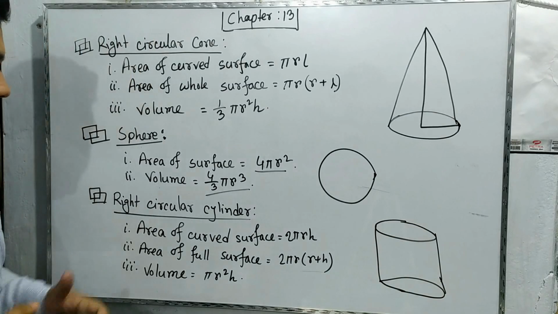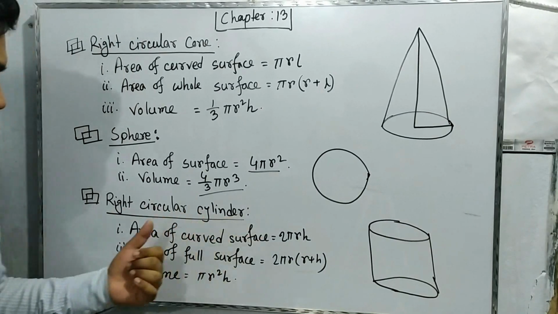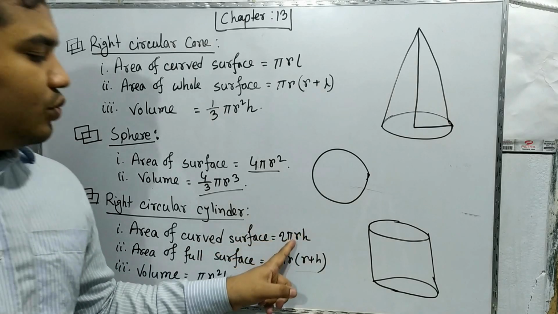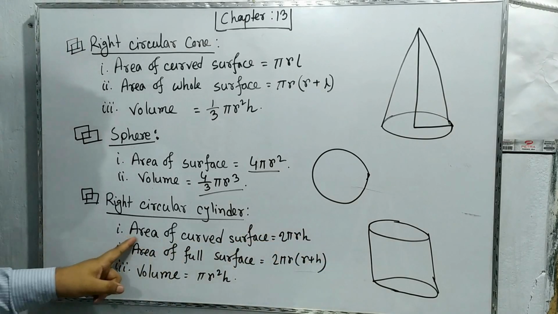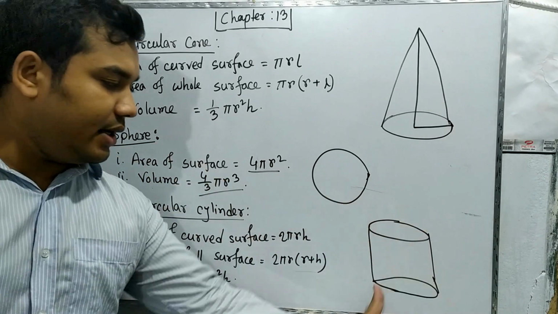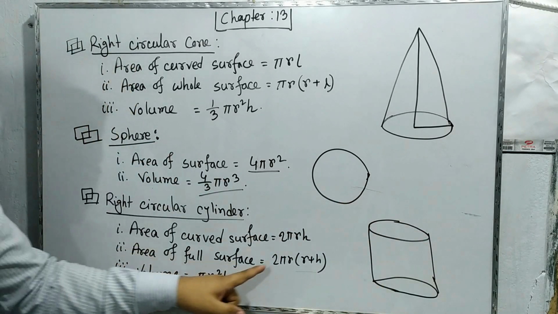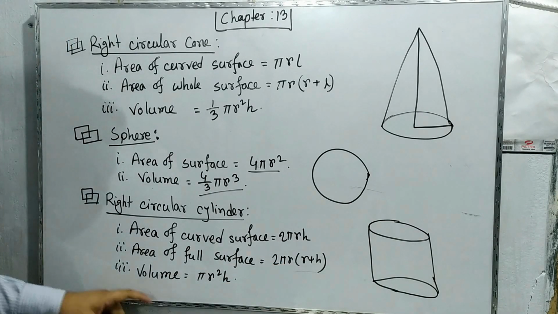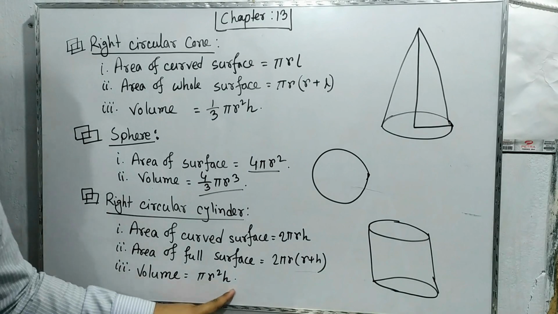In this cylinder we need to find the area of the curved surface. The area of the curved surface is 2 pi r h, and the area of the full cylinder is 2 pi r into r plus h, and the volume is pi r square h.